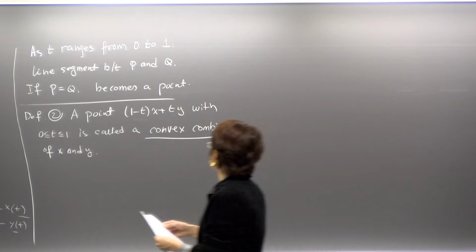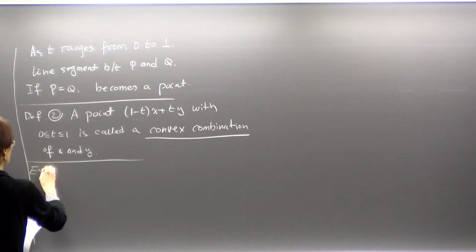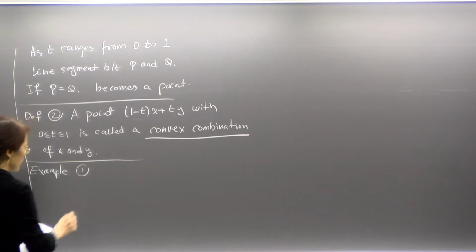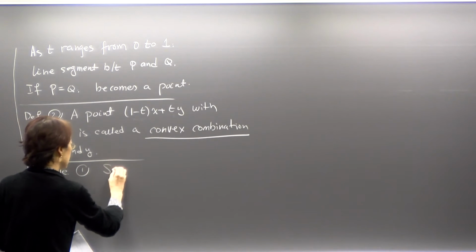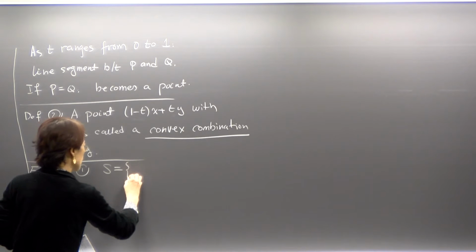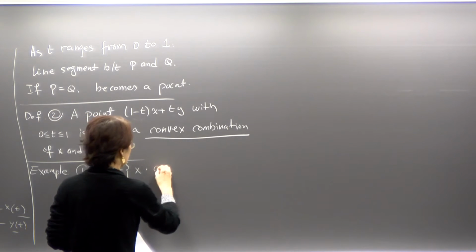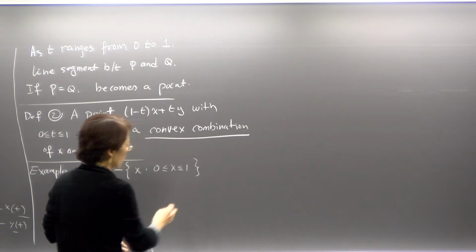Now let's take some examples of convex sets or not convex sets. Let's take a very simple example. Let's say I have a set in a one-dimensional space, just the value of x, with x between 0 and 1.